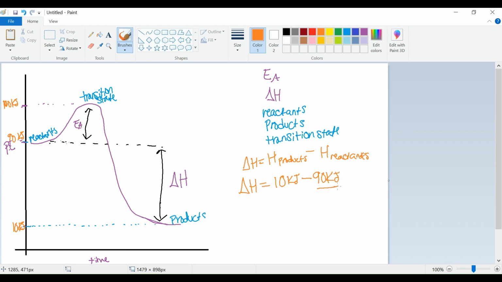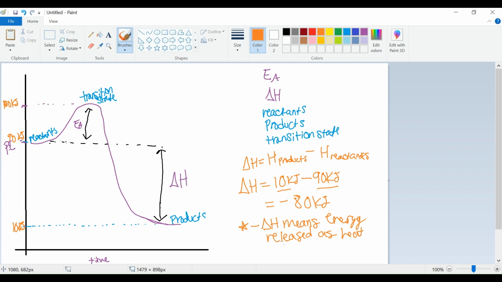Since my reactants had more energy than my products, I'm getting a negative number here. And I'm going to make a note of that: a negative delta H means energy released as heat.